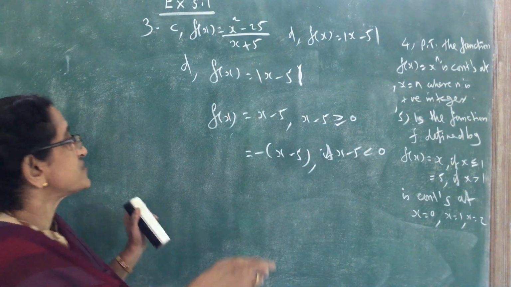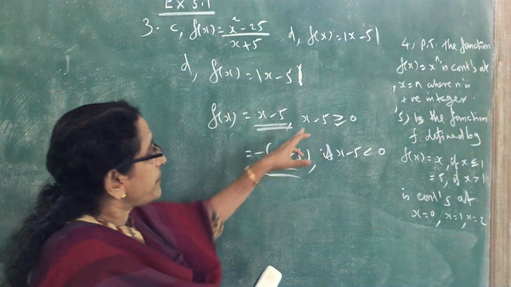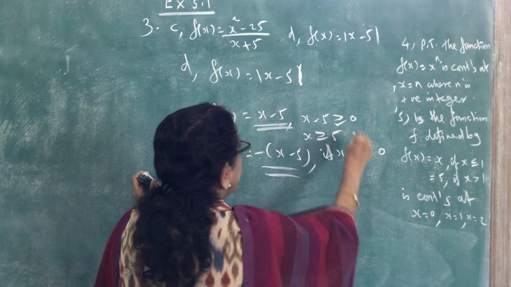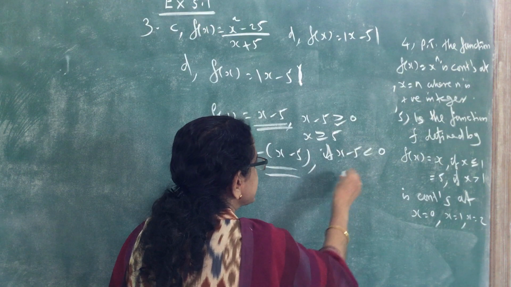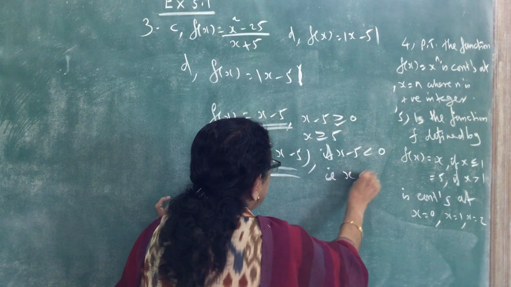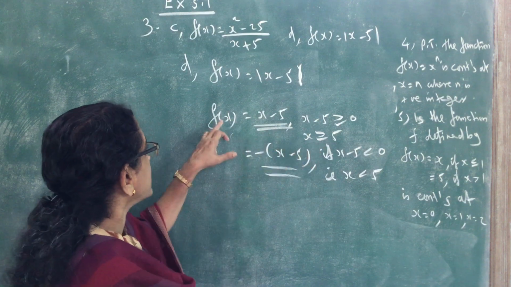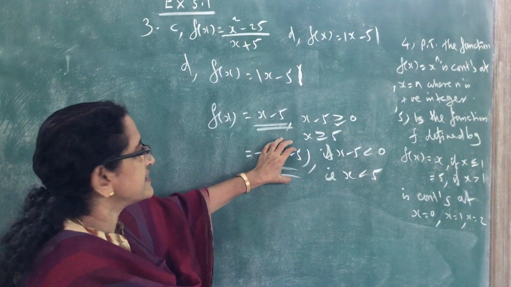So the function has two values. When x - 5 ≥ 0 means x ≥ 5, and x - 5 < 0 means x < 5. So when x ≥ 5, the function has this value, and when x < 5, it has this value.